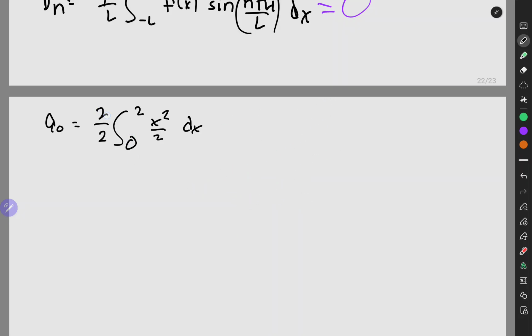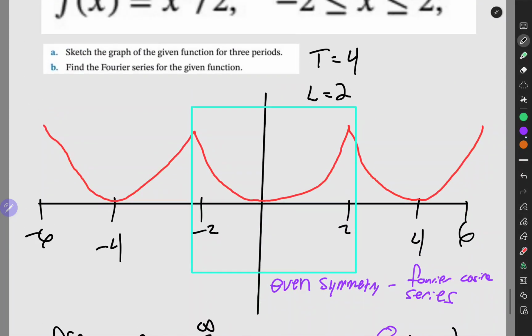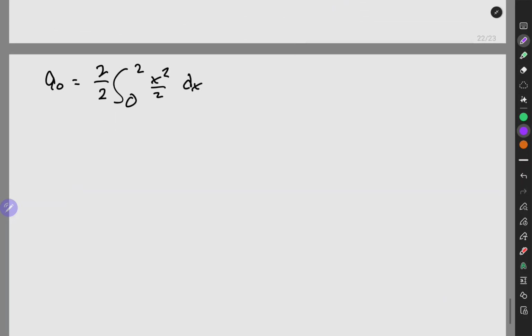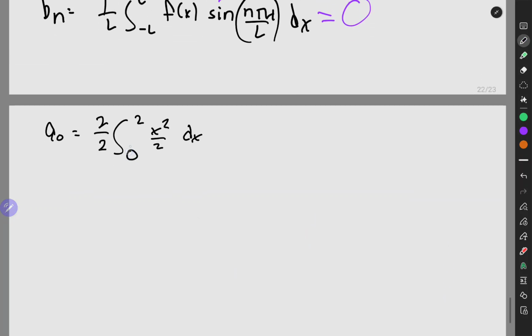Just integrate it over half of it. If you look at it here, this is the same area as this. So just multiply it by 2. Go from one range, do half the range. So that's literally just x cubed over 6 from 0 to 2, which is 8 over 6, which is 4/3.